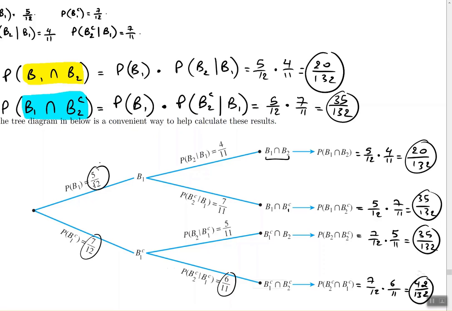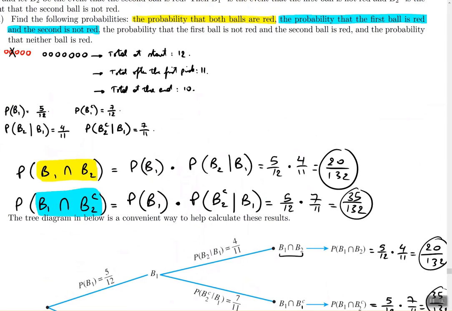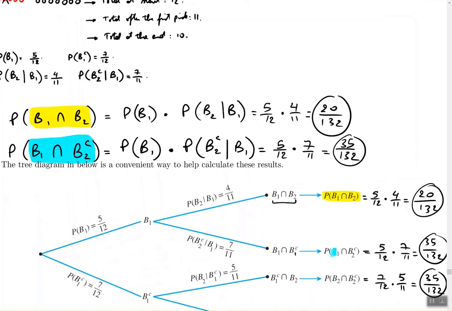So now, given this tree that we just designed, we can go back and answer all the questions very, very quickly. The probability that both balls are red, that's going to be this first choice, which is 20 over 132. The probability that the first ball is red and the second one is not red, that's basically this question right here, and that's 35 over 132.